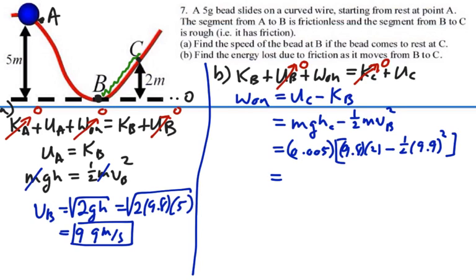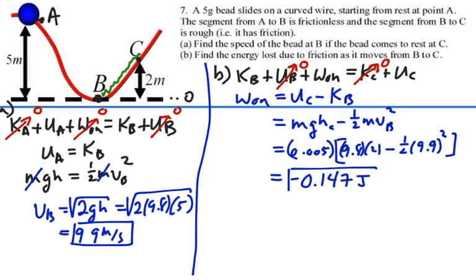So what do we have? Let's see. A negative 0.147 joules.